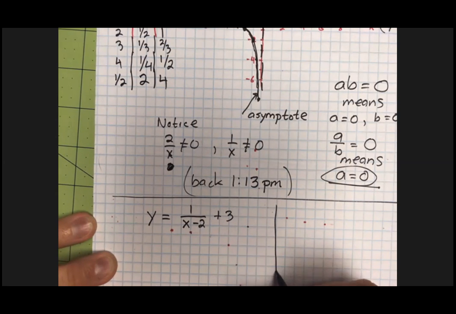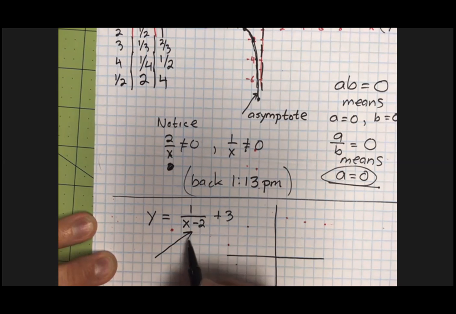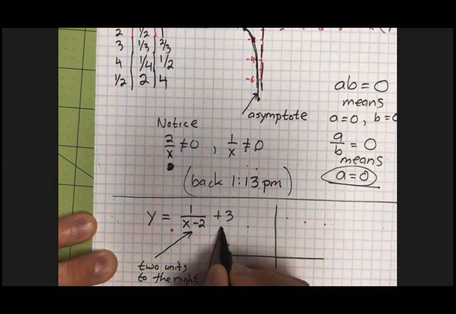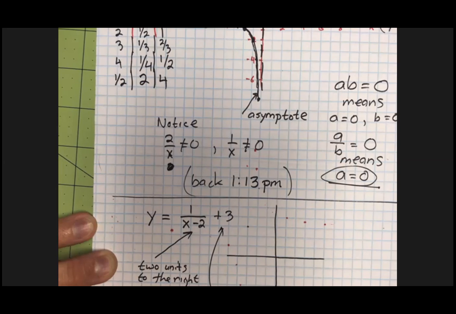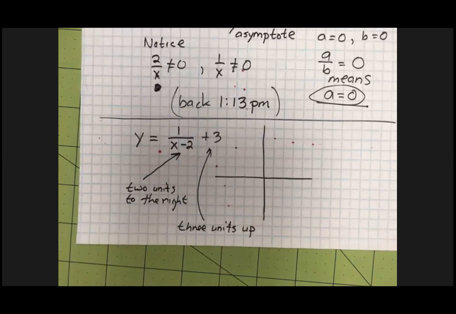I have this feeling that I moved the graph two units to the right and 3 units up. How can I draw that quickly?